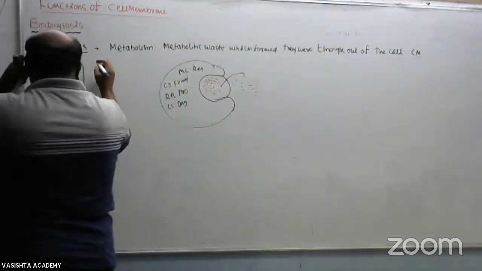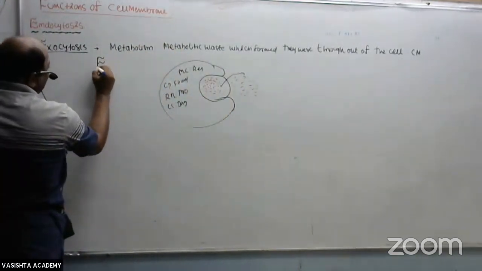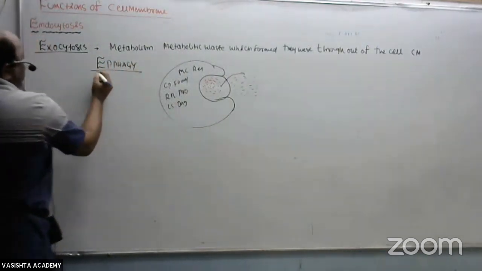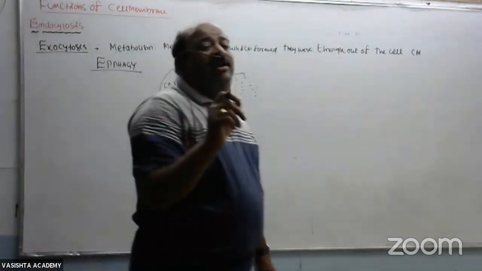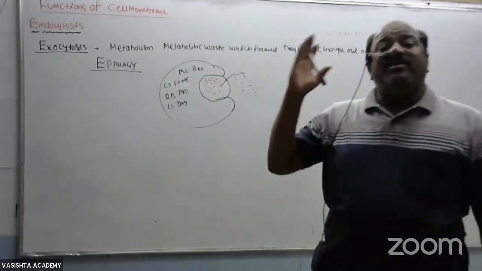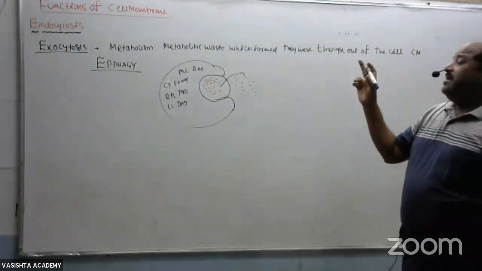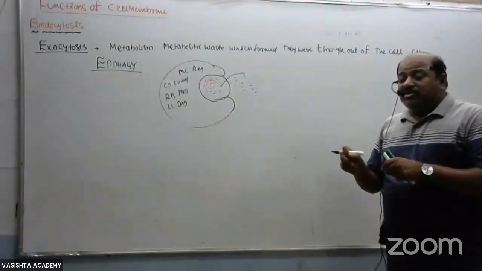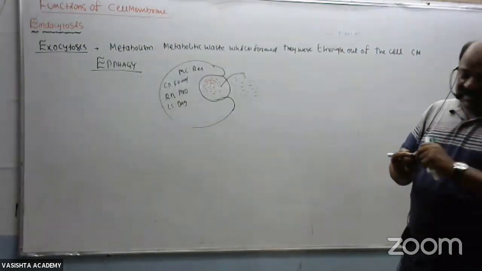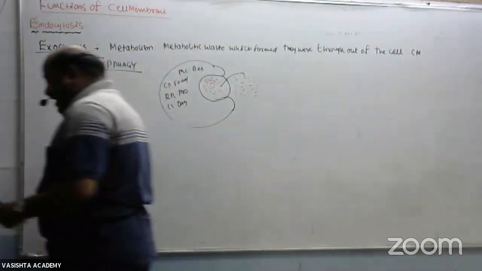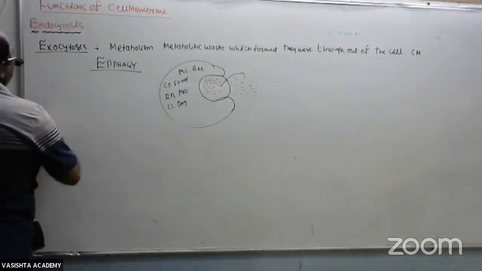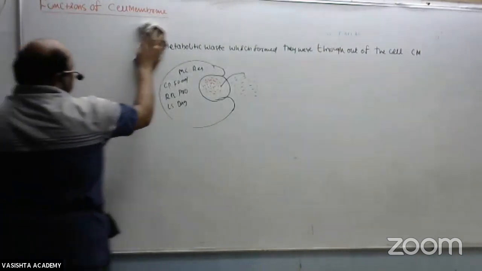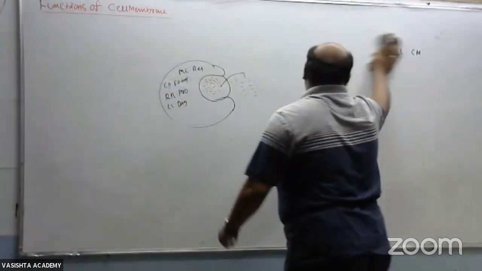The process is called exocytosis. It means metabolic waste thrown away from the cell by means of the cell membrane. So endocytosis is completed, and exocytosis is completed.